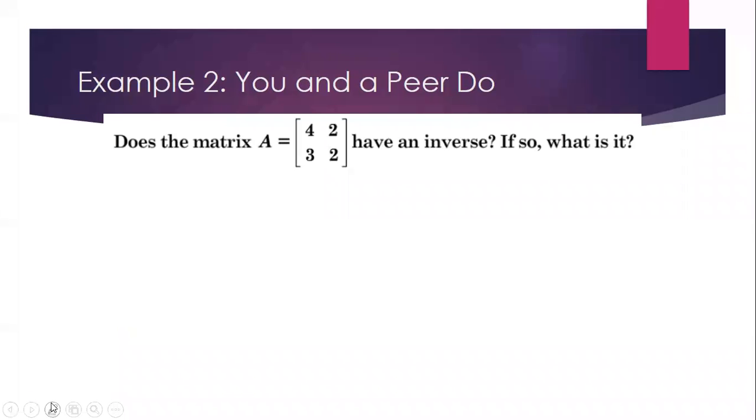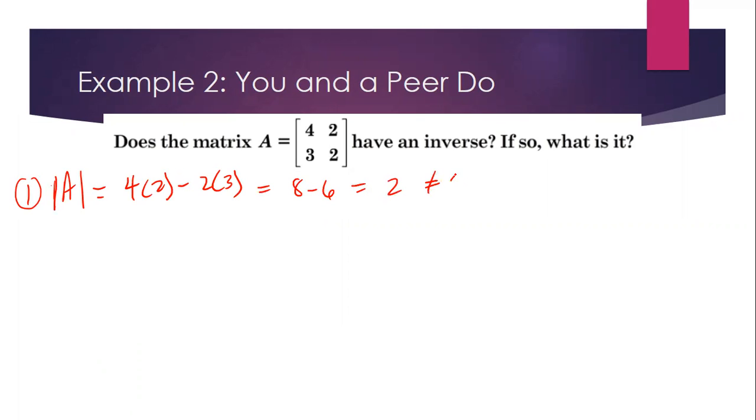Okay, step 1 told you to find the determinant of A, which equals 4 times 2 minus 2 times 3, which equals 8 minus 6, which equals 2. Does not equal 0, so there is an inverse. Step 2 is to identify your elements: A equals 4, B equals 2, C equals 3, and D equals 2.